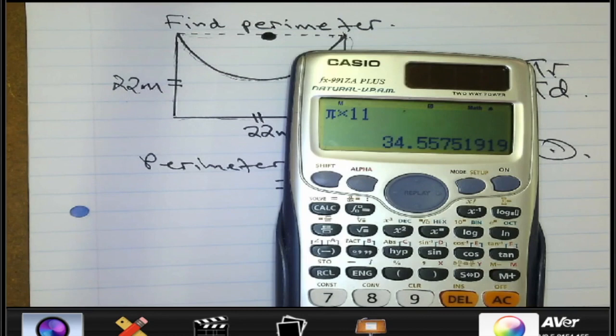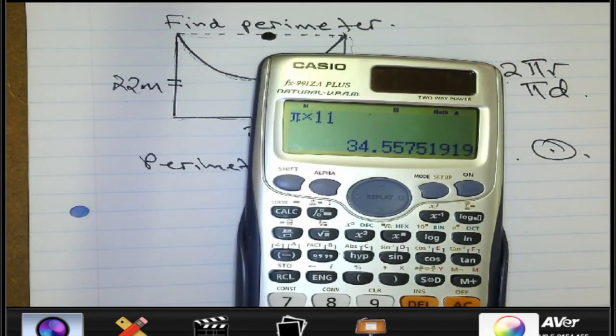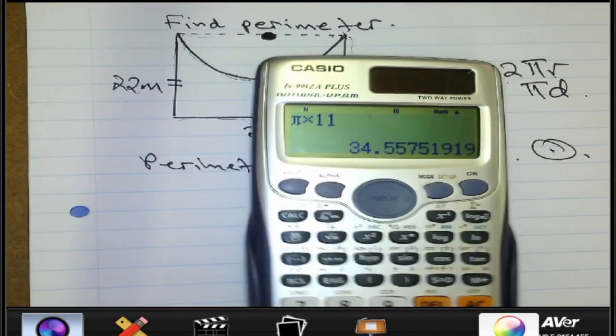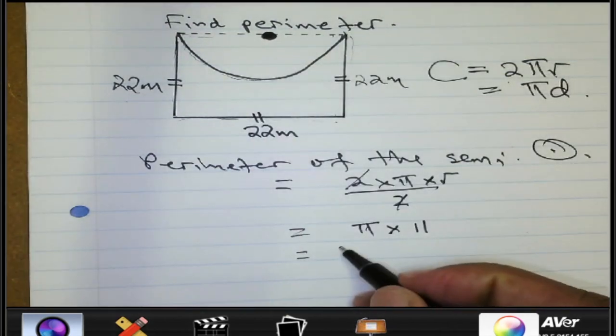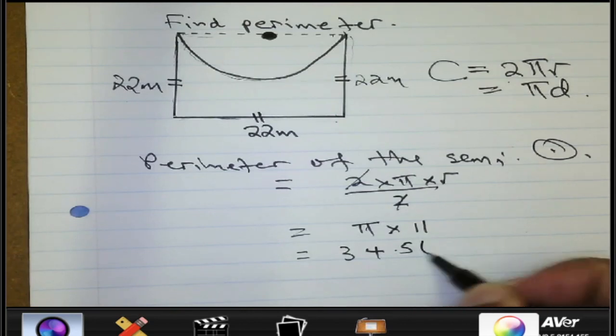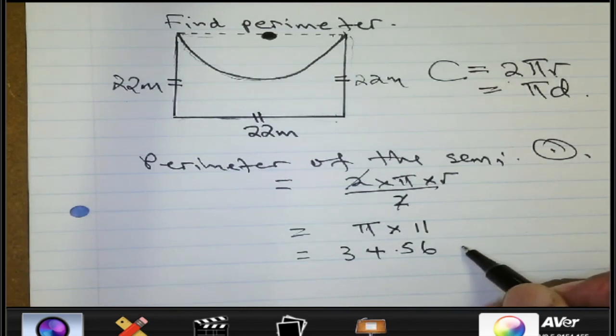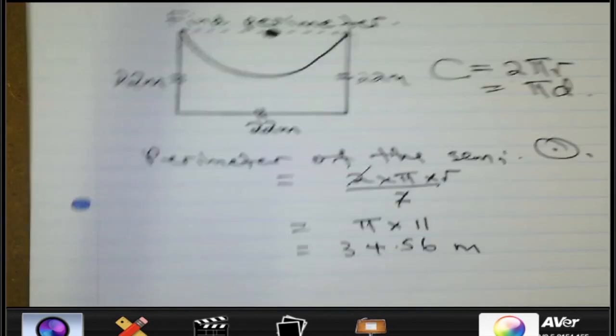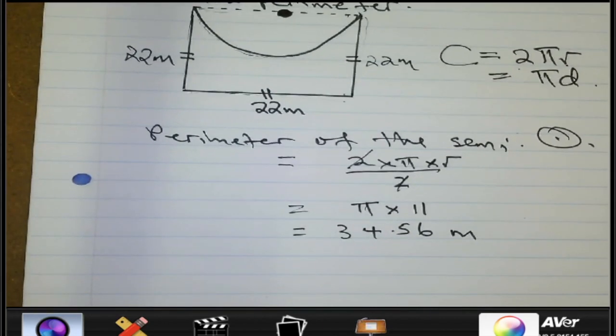So I'll press S to D. So we get 34.56. This is perimeter. So what are the units? Meters. Okay. Right, remember that is just the perimeter of the semicircle.